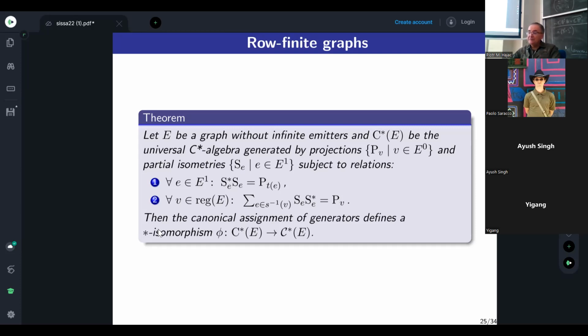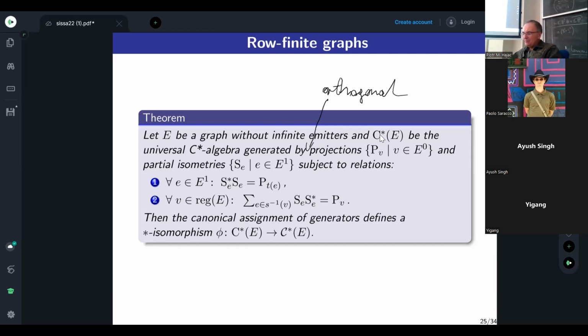Okay, but if you're row finite, then your definition of a graph C-star algebra is even simpler. Again, I forgot to write orthogonal projections. Okay, so let E be a graph without infinite emitters. This is so-called row finite graph. And C star E, mind you, now I have this straight font. So it used to be italics, calligraphic, or straight. Okay.